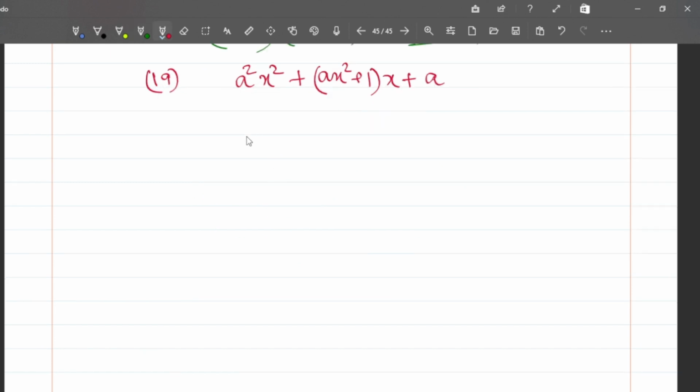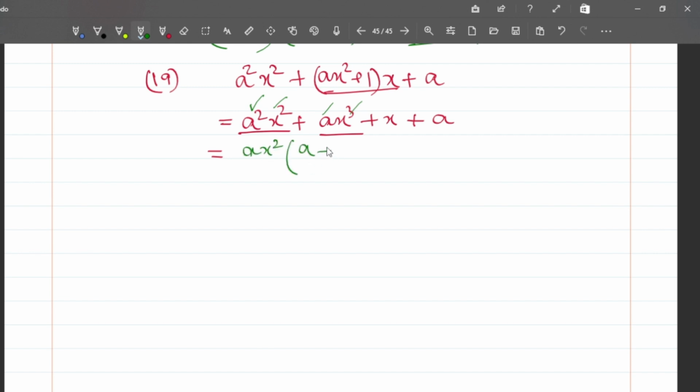This is sum number 19. Do the multiplication first. Here no need to regroup, just take common from the first and second term, that is a, and another one is x square.